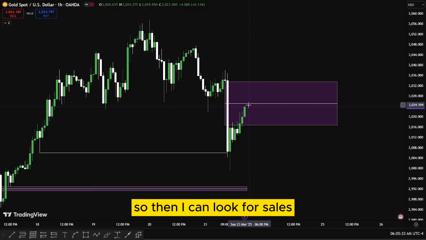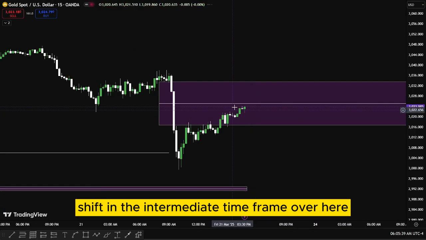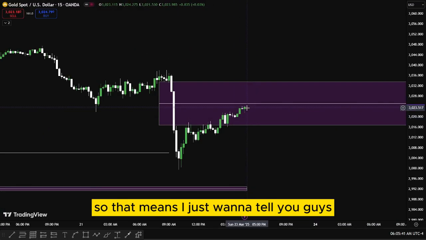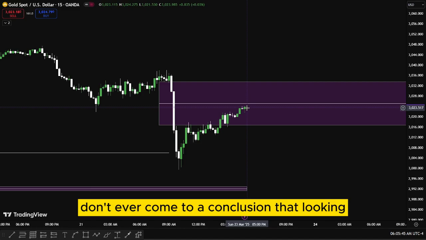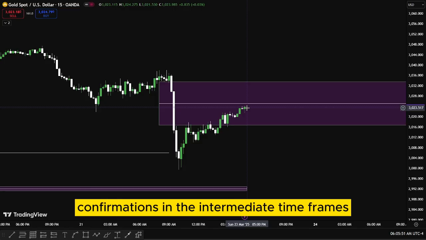Then I can look for sales, but I'm looking for some sort of a market structure shift in the intermediate time frame to take trades. So I just want to tell you guys, don't ever come to a conclusion looking at the high time frame. Just look for confirmations in the intermediate time frames, and then shift to small time frames.